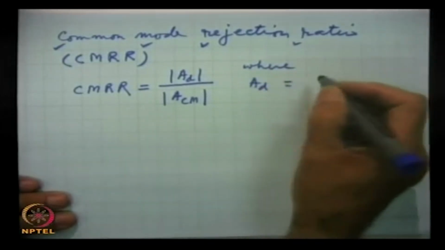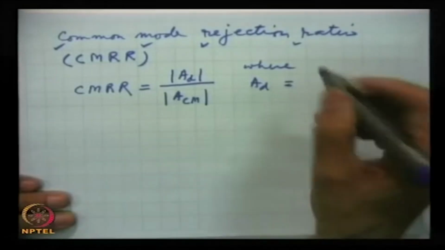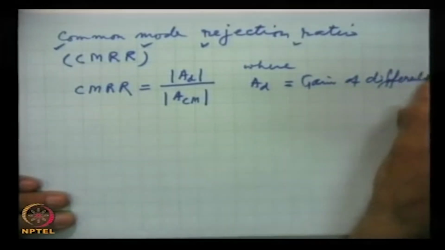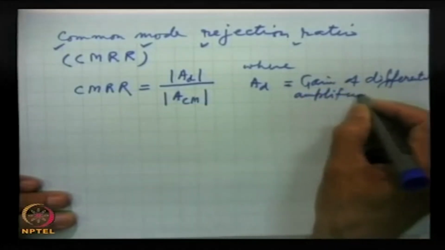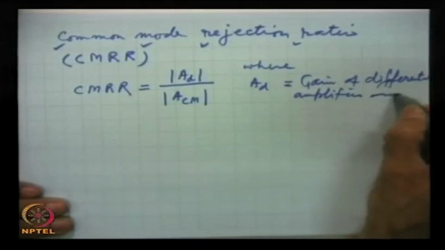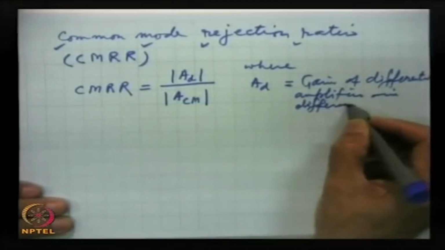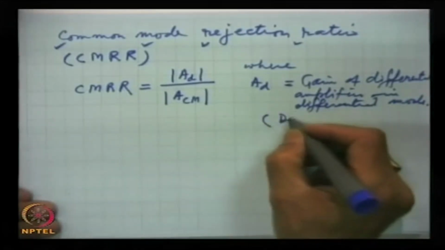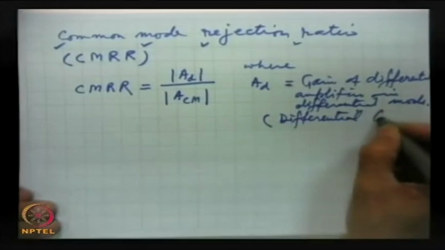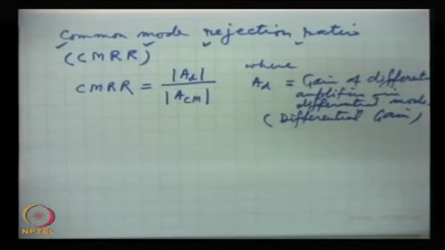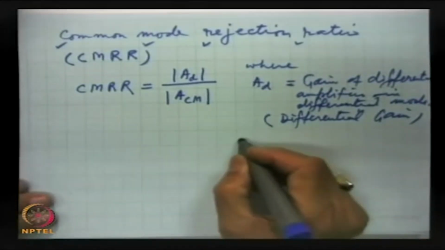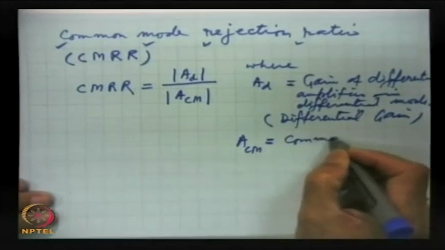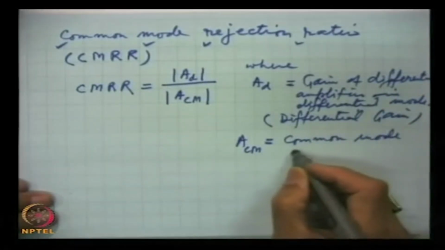AD is the differential gain, the gain of the differential amplifier in differential mode, commonly called differential voltage gain or simply differential gain, and ACM is the common mode gain.